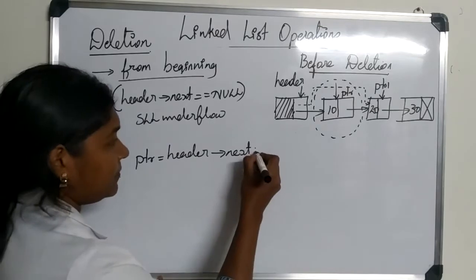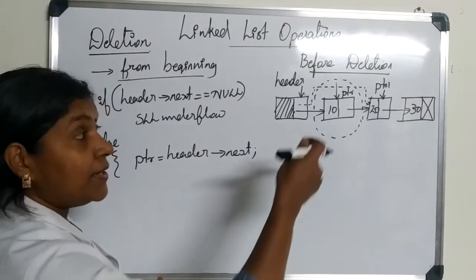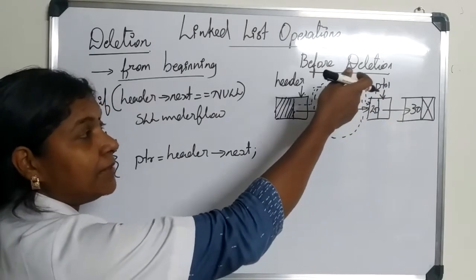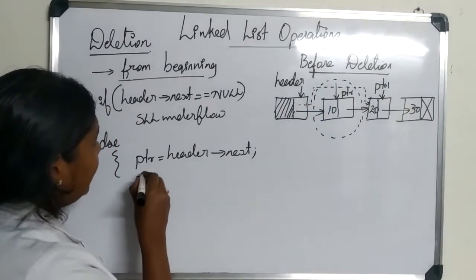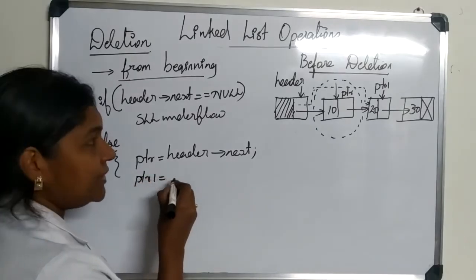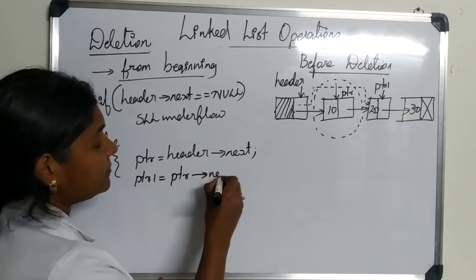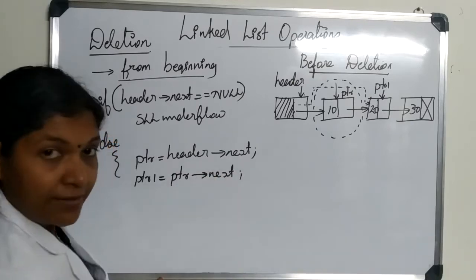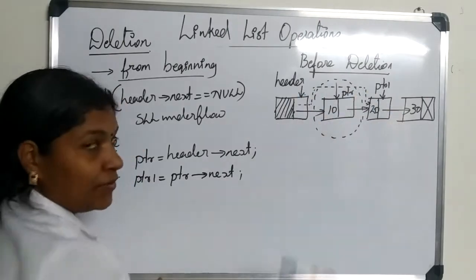Then what is the next thing to be done? If we want, we can assign PTR1 to the next node, right? So PTR1 is equal to PTR dot next. Here we made another pointer PTR1 to PTR dot next.